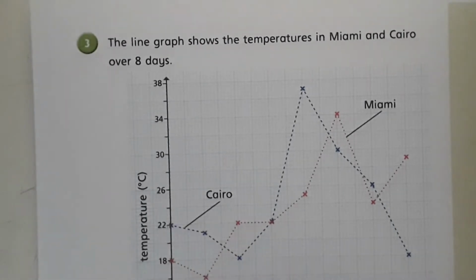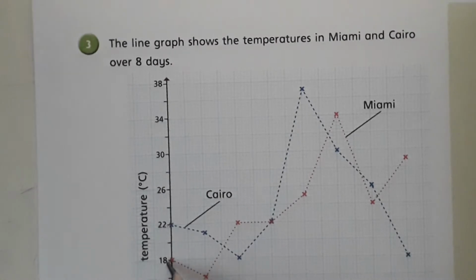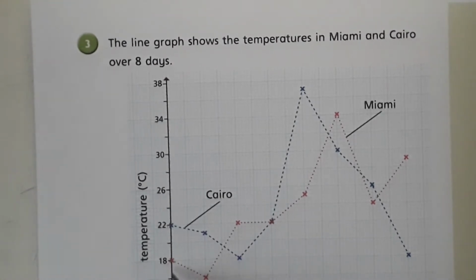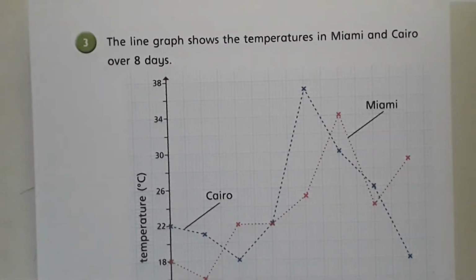That's important because sometimes the temperatures fall between the two numbers.